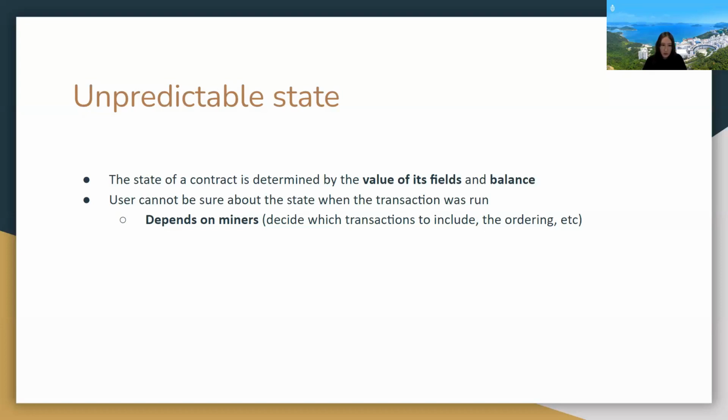It all depends on the miners. So basically, the miners are those who decide which transactions to include and how to order transactions in a block. So everything depends on miners. So you cannot be sure about the state of the blockchain when you're actually executing the transaction.